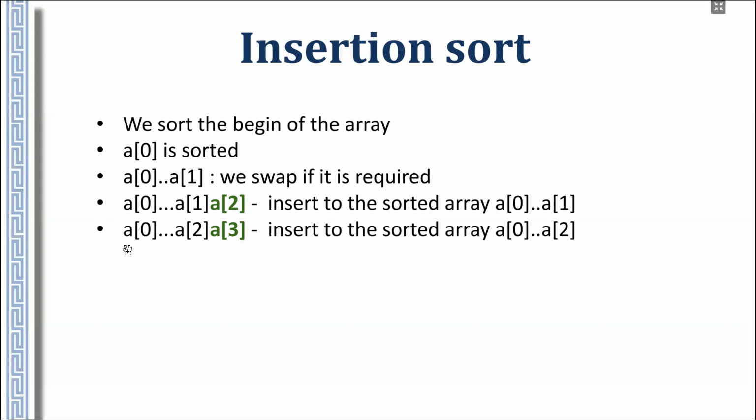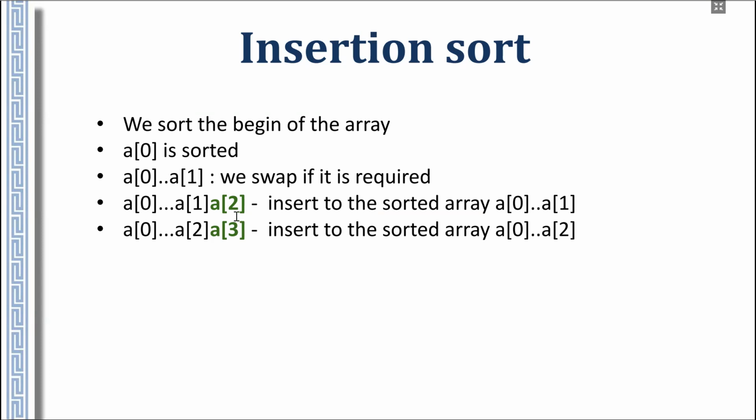The same idea for A3. We swap it and move it to the left until it gets to the right place. It means that A3 is bigger than the previous element. So it is similar to bubble sort, but we don't go from left to right and put the biggest element in the right place.